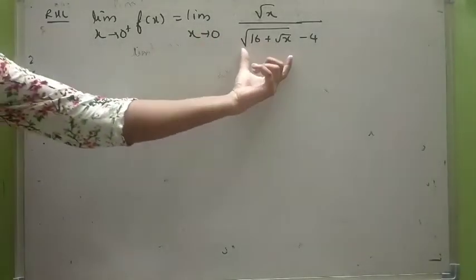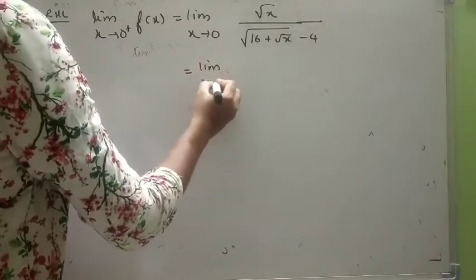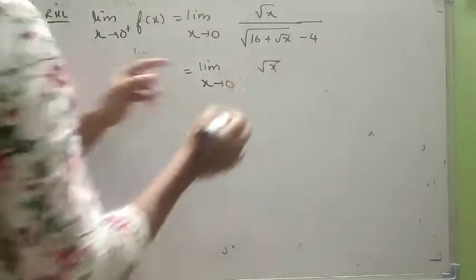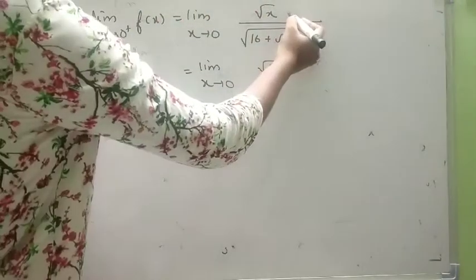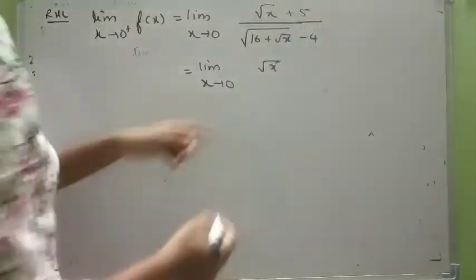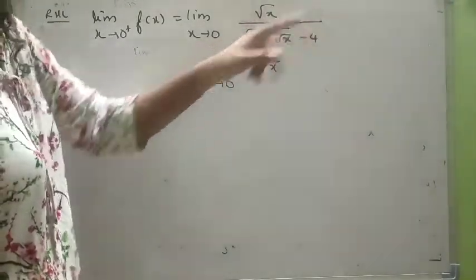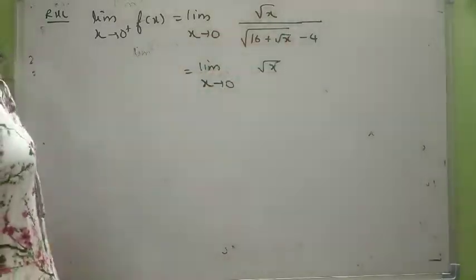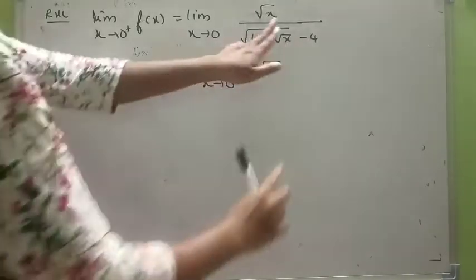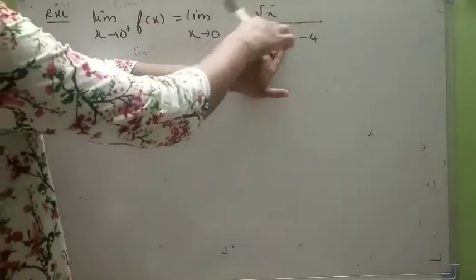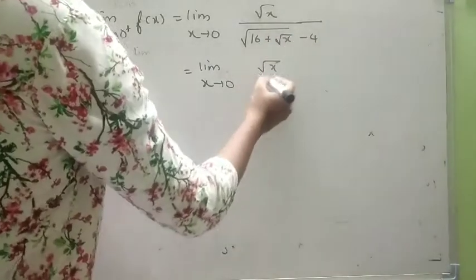Now the moment you see a root sign, you know you have to rationalize. So limit x tending to 0. Only the denominator we have to rationalize, because the numerator is a simple single term. If this was something plus 5 or minus 5, we would have to rationalize this also. But now there is no such term, so you only rationalize this one. Because this is becoming 0. If you put 0 here, what will happen? Root of 16 will become 4. 4 minus 4 will be 0. So that's why you have to rationalize this term.